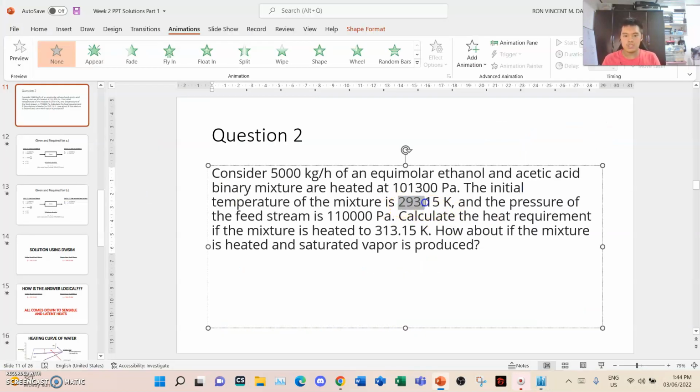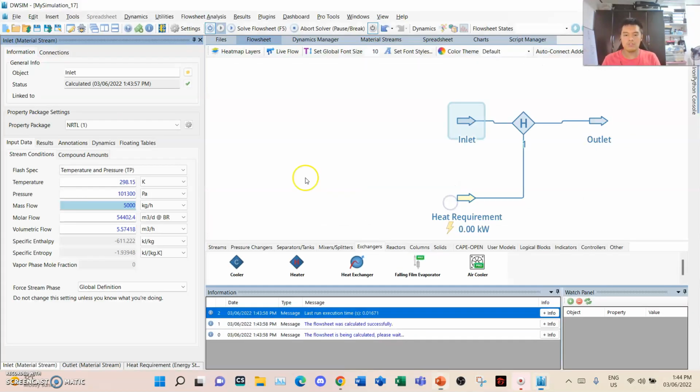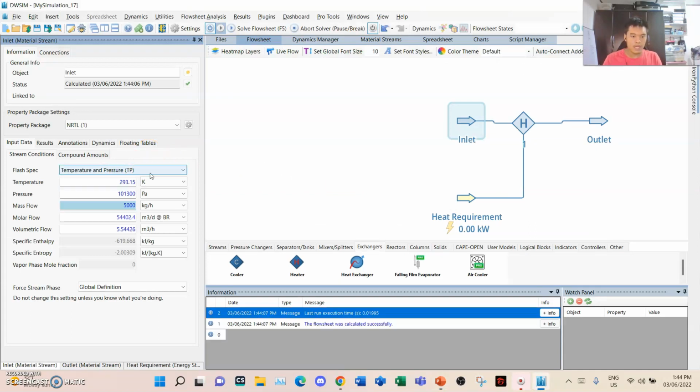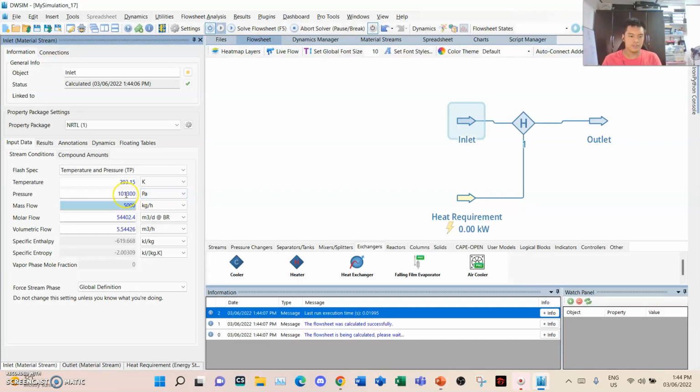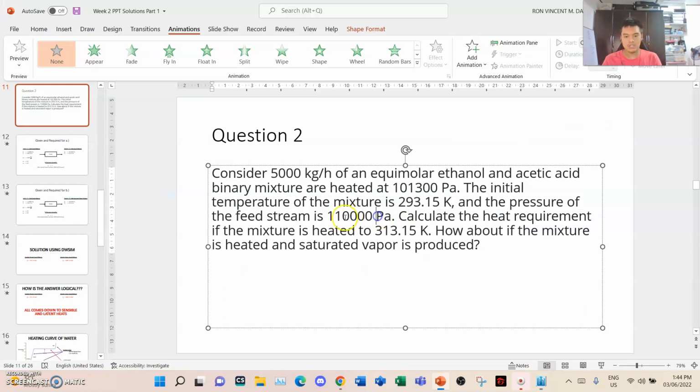And the initial temperature is 293.15 Kelvin. Apologies. It is not initially at 101,300 pascals. The initial temperature is 293.15 Kelvin, and the pressure of the feed stream is 110,000 pascals. I misread, but this is actually the initial pressure.